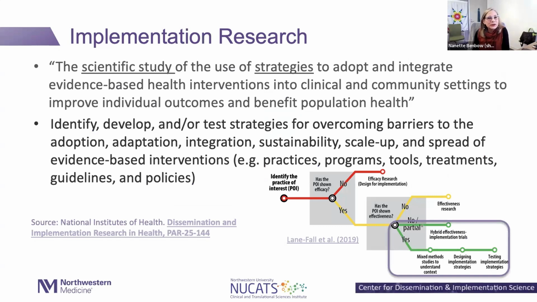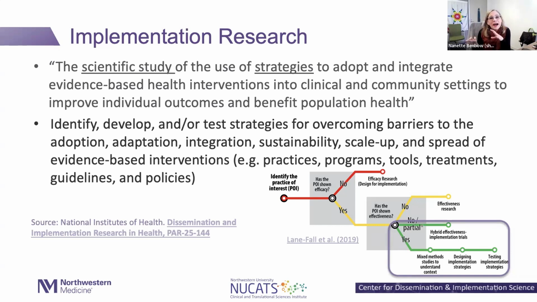So I just wanted to ground you a little bit into implementation research. So where are we now? You've learned a lot of things. Now we're actually into the implementation research phase. And you all already know it's the scientific study of the use of strategies. And really what we want to do at this phase is identify, develop, and test strategies to overcome the barriers and facilitators to adoption, adaptation, integration, sustainability, and scale up.